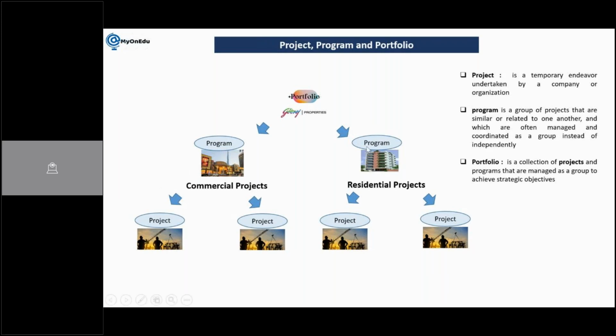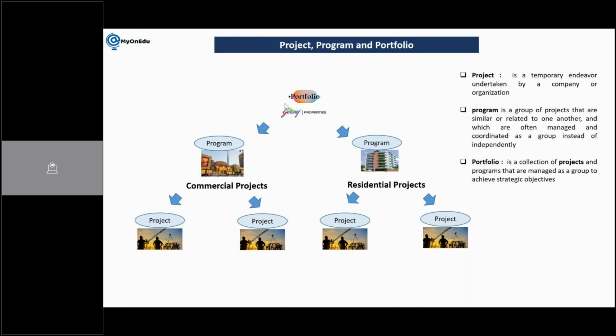Similarly, residential projects are a different category, and this will have similar types of residential projects within it. So when I'm going to manage these projects, I just need to group them. So a portfolio will have similar types of programs and projects.